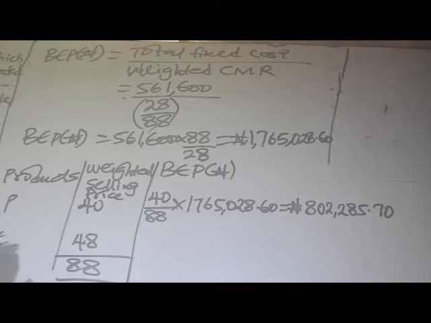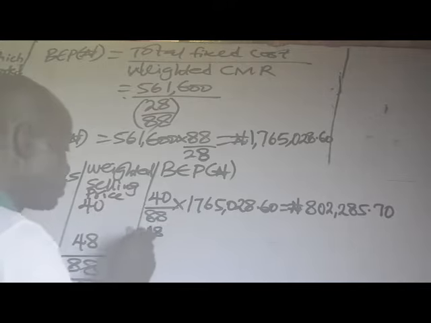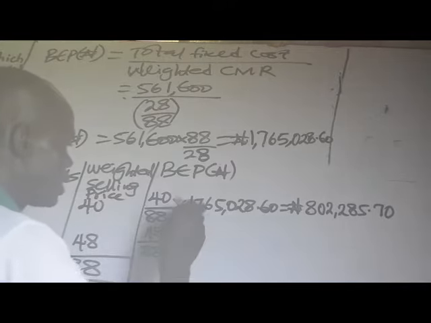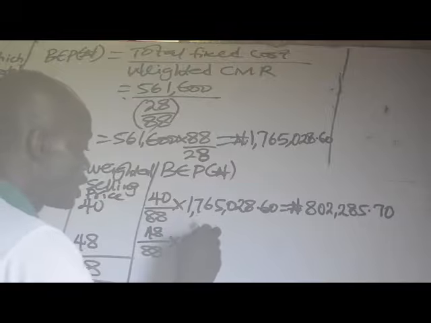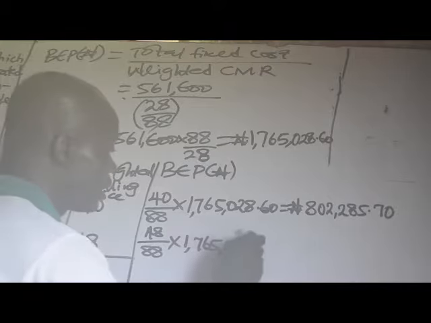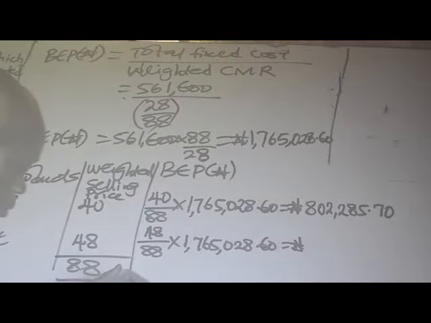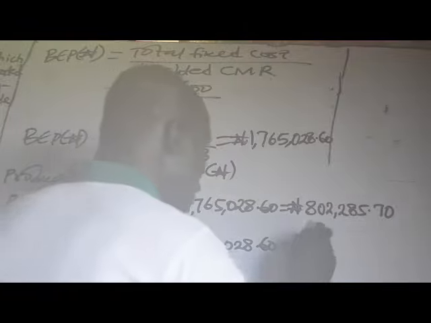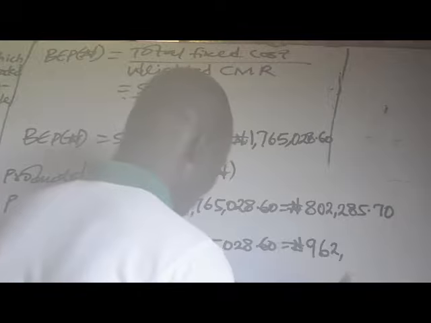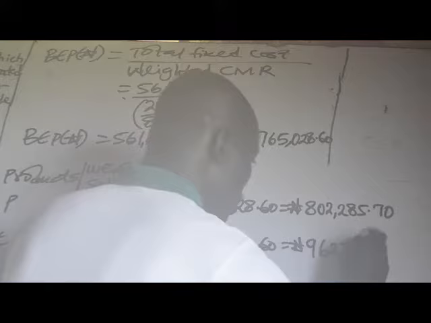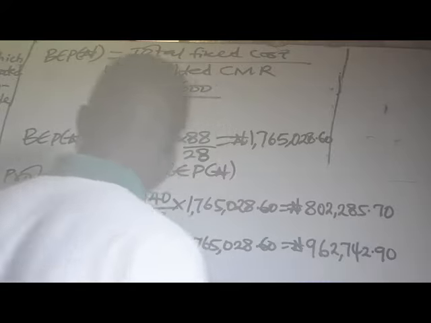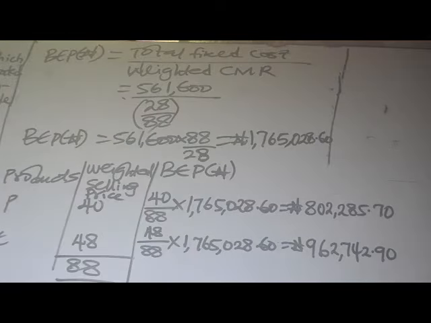Then for product E, it is 48 over 88 times 1,765,028.60. That gives us 962,742.90.